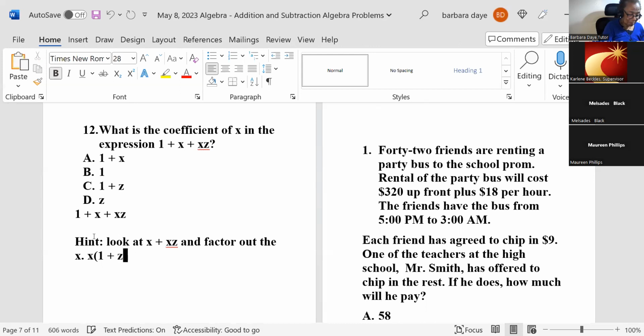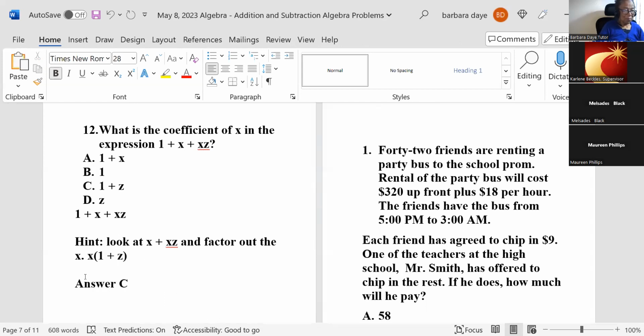I'm holding on to B. Miss Barbara texted me. Oh, there you go. I say that'd be C then. C, then I hold on to B. So what is the answer? C.